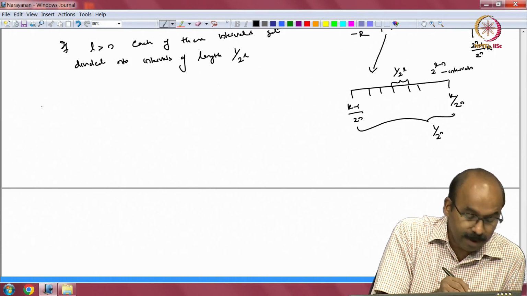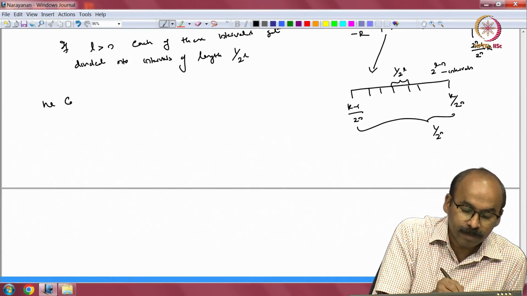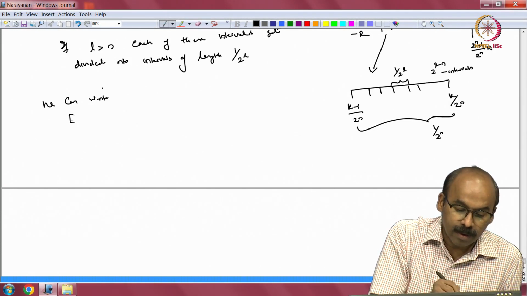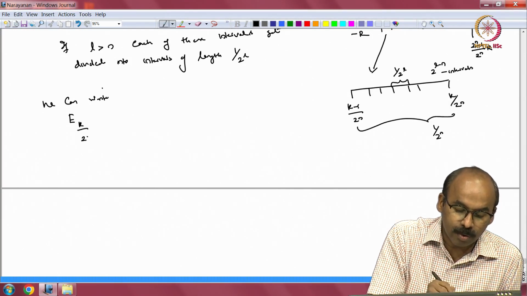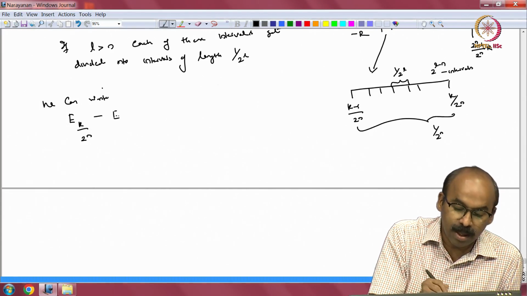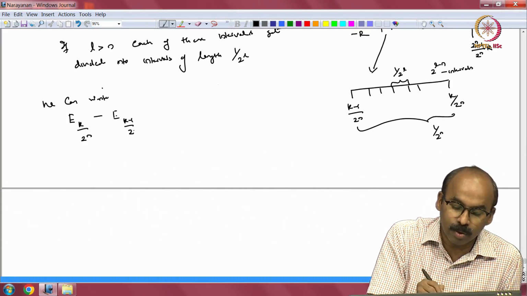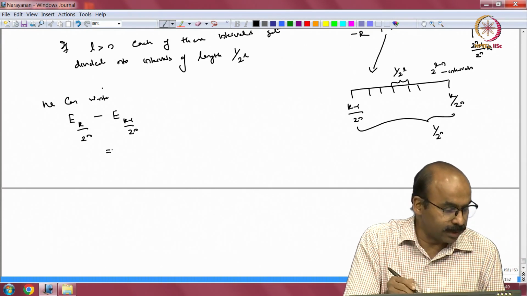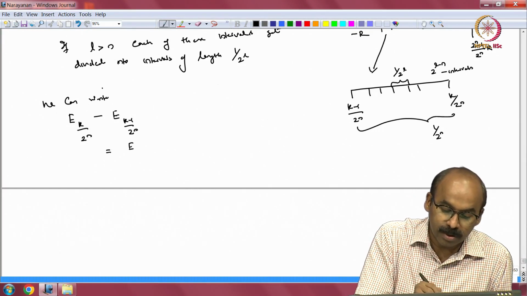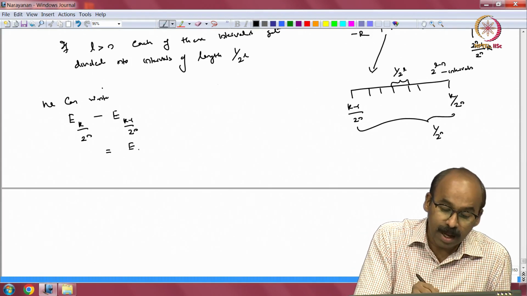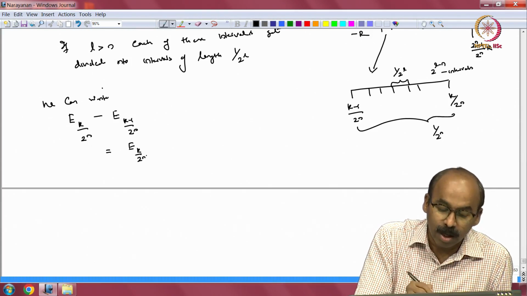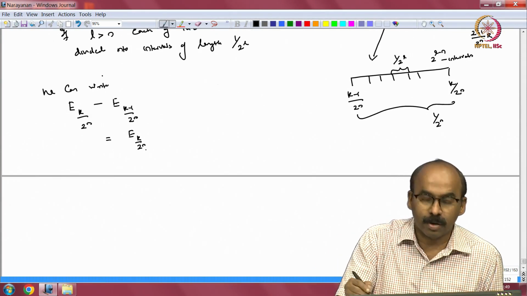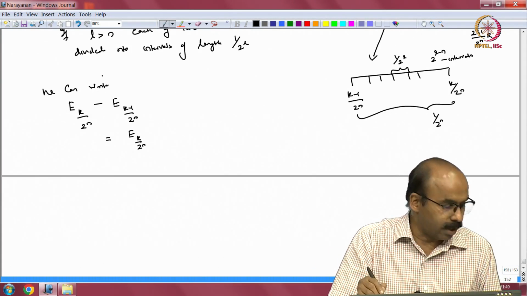So, we can write E of k by 2 to the n minus E of k minus 1 by 2 to the n to be equal to. Instead of bringing in another notation, I will just write this in full expression.